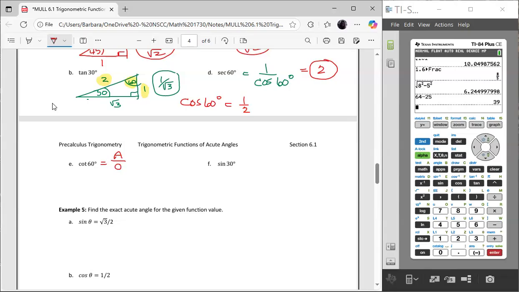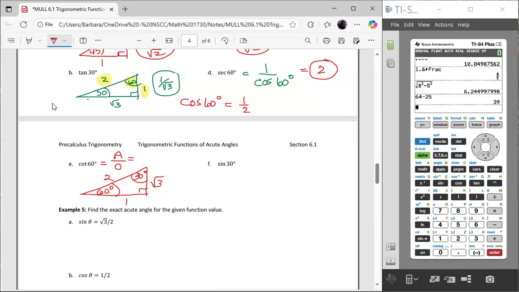So sketching a 30, 60, 90, if this is 60 degrees, and I know my sketch is not pretty, but let's just assume 60 degrees is the larger angle. Across from the 30 is 1. Across from the 60 is the square root of 3. And then the hypotenuse is 2.